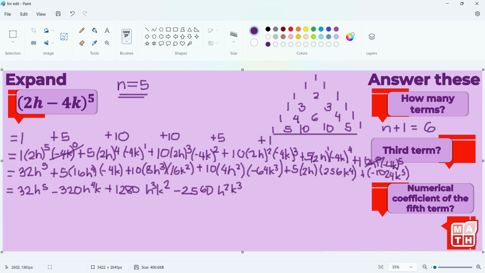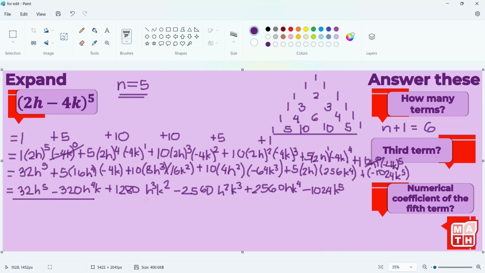See what happens to the exponents? 4 plus 1 is 5, 3 plus 2 is 5, 2 plus 3 is 5. So plus, you will have here, of course that's 10, right? 10 times 256, so 2560, no need for a calculator for this one here, h k to the power of 4, and you will have here finally negative 1024 k to the power of 5.